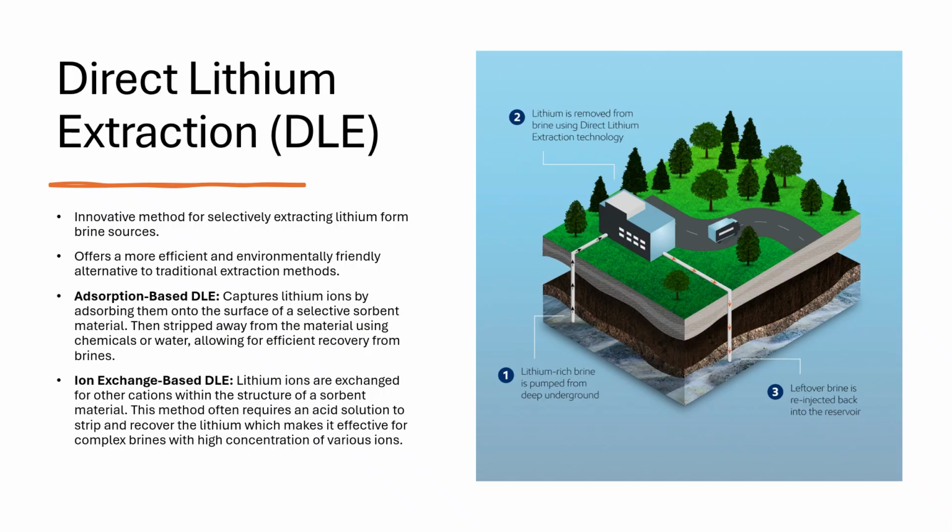This little diagram over here breaks down how DLE is run. In the first step, the lithium-rich brine is pumped from deep underground. Then the lithium is removed from the brine using the DLE extraction technology itself, and any leftover brine is re-injected back into the reservoir.